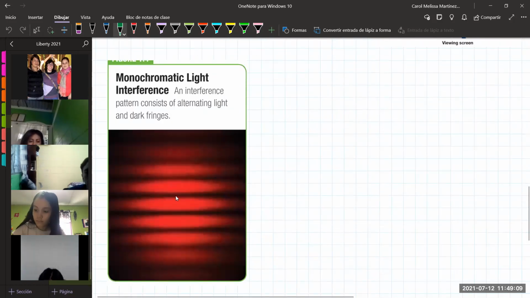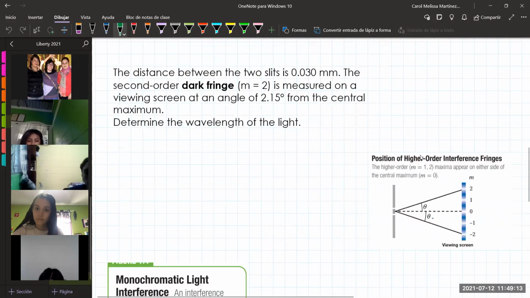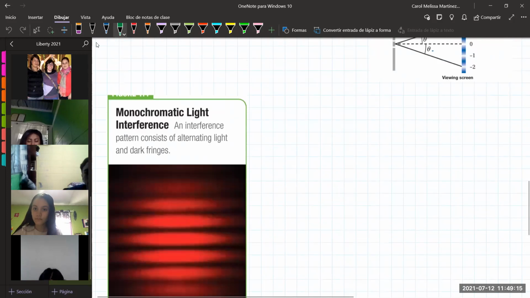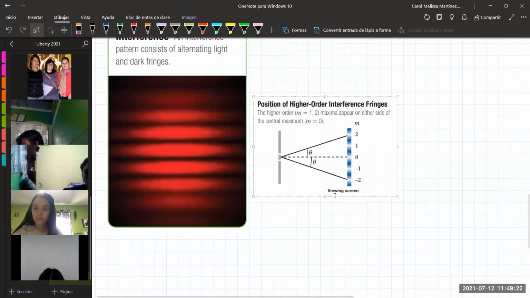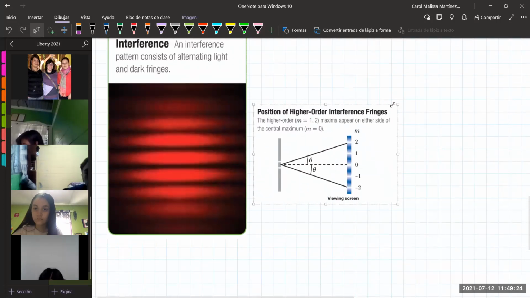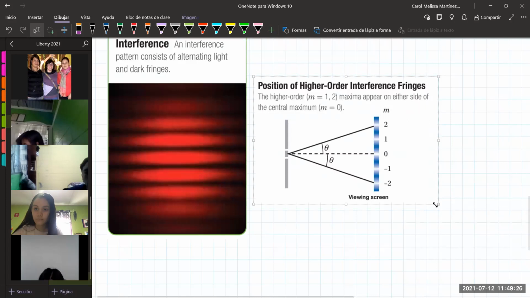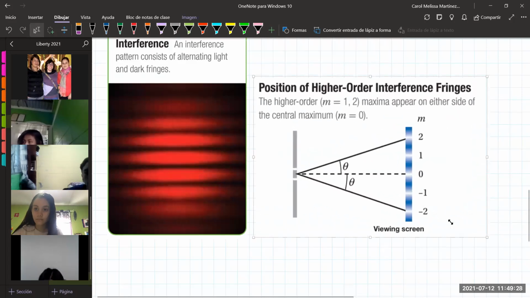But we cannot draw this, that would be weird to draw. But we can use this as a reference. Take a look. What you see right here is exactly what you see in the picture or what we saw in the video.